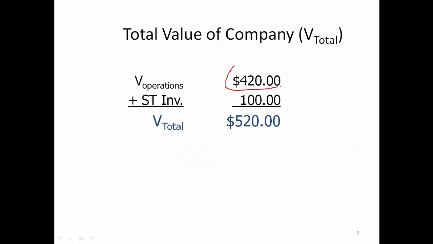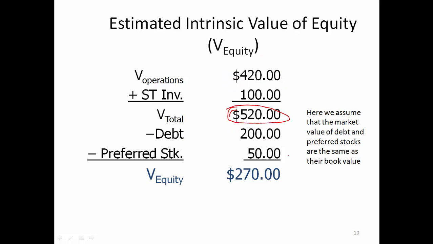When we have the value of operations as 420, adding the amount of short-term investment, or say the marketable securities, or say the amount of non-operating assets, 100 million, then the value of the total company is 520. Now this 520 belongs to all investors.